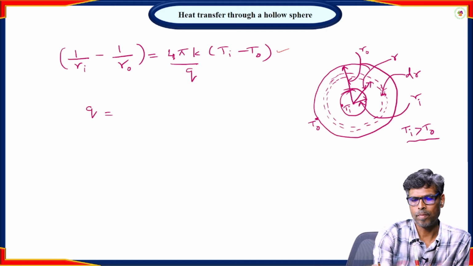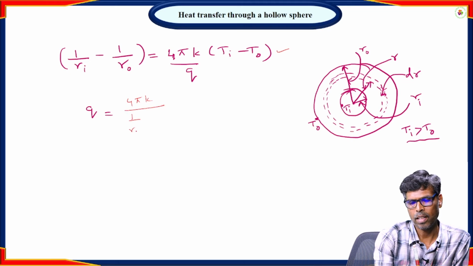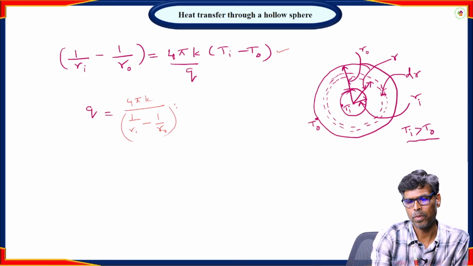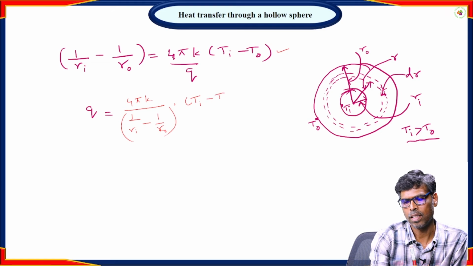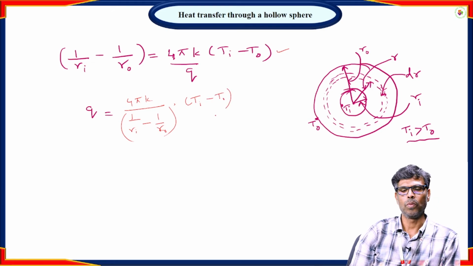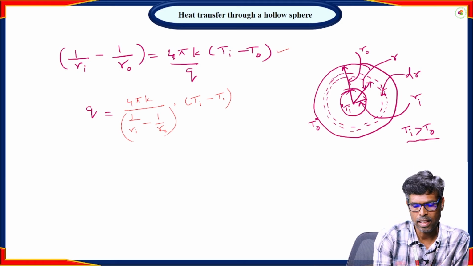Rearranging this equation, q is equal to 4 pi k divided by 1 by Ri minus 1 by Ro into Ti minus To. We can write this equation.